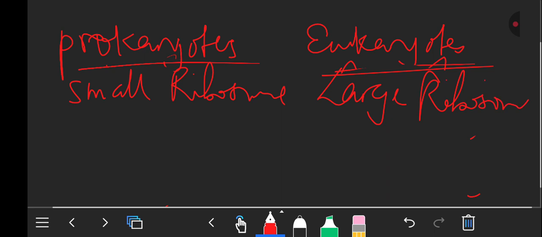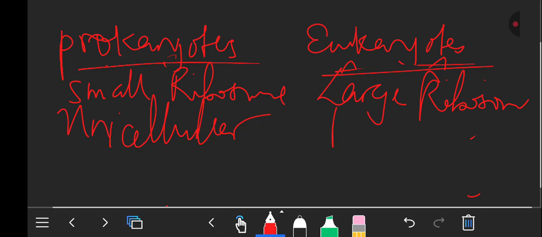So that is also very cardinal for us to understand. Then, when you're talking about prokaryotes, these are just unicellular. But eukaryotes can be both unicellular and also multicellular. Okay? For eukaryotes, they can be both.